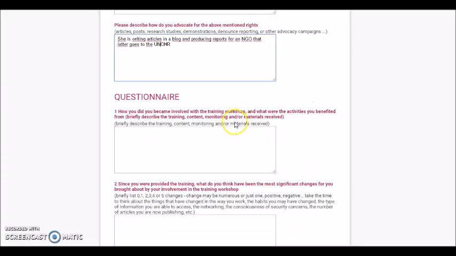And once we have done the profiling, we have the questionnaire, strictly speaking, which is only 6 questions. The first question is, how did they become involved with the training workshop, and what were the activities they benefited from? This is just to frame the way in which they participated and why they were contacted, the way they feel it, at least.